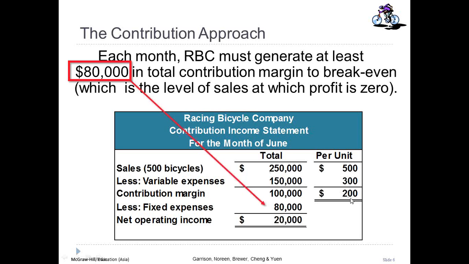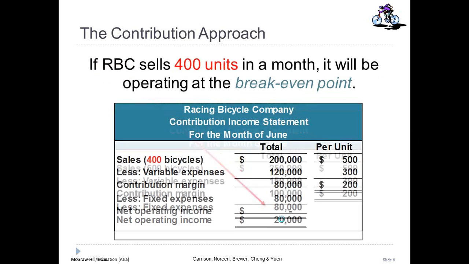So if you're making $200 per bicycle, you can divide $80,000 by 200 and determine how many units must be sold to break even. Break even means zero profit. $80,000 divided by 200 is what?